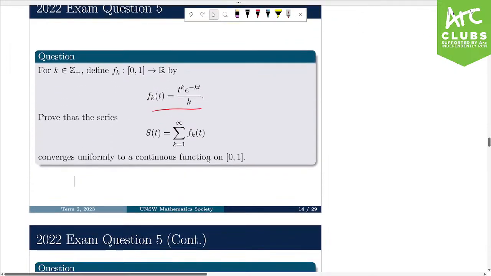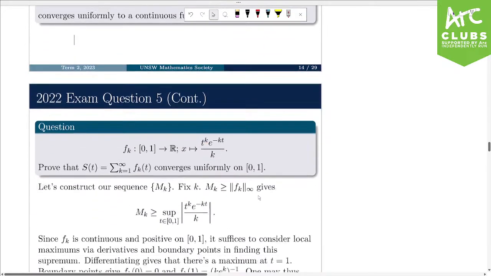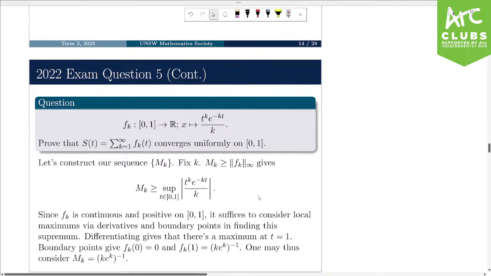So we try to use that here. But to use that test, we need upper bounds for every one of these functions. So this slide is basically finding that upper bound using calculus.